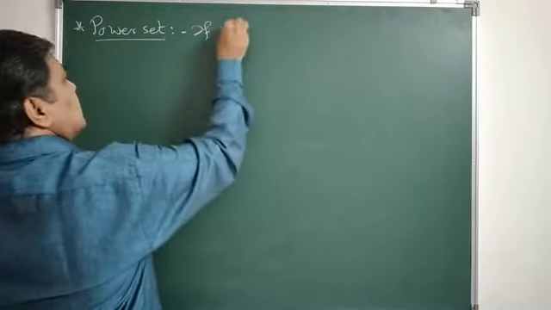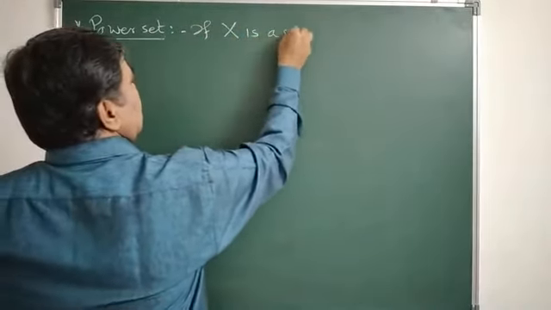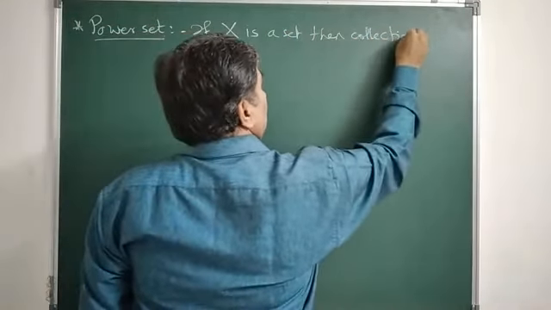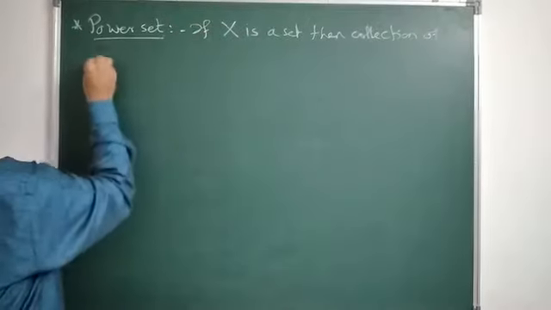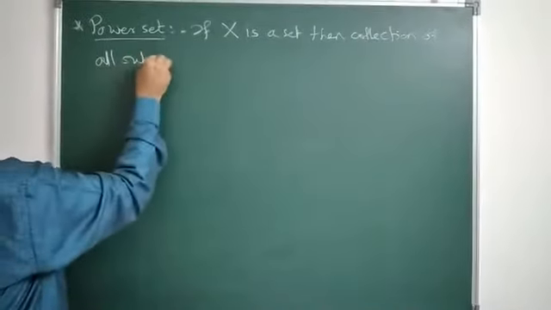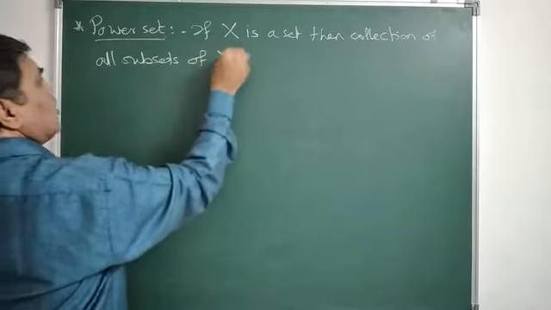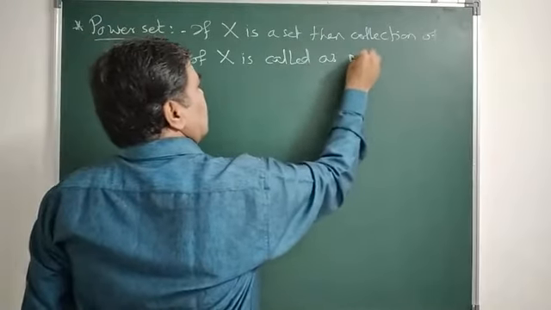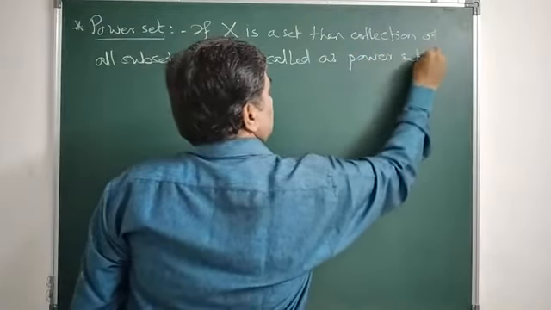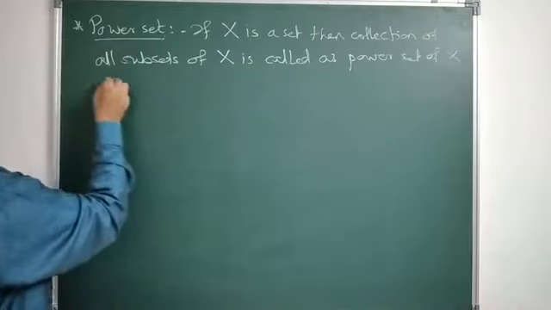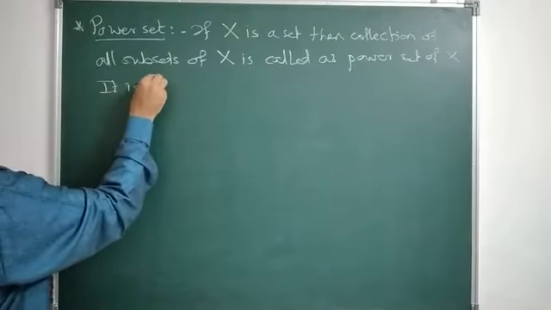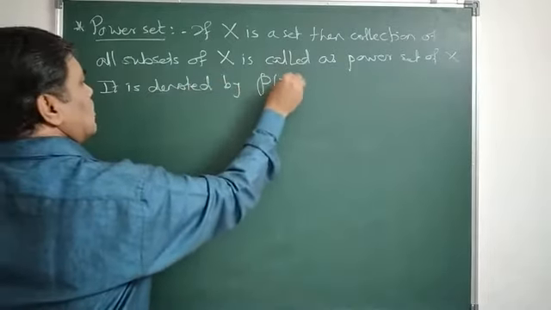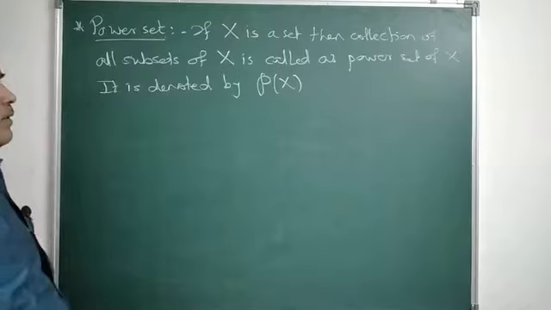If X is a set, then the collection of all subsets of X is called the power set of X. It is denoted by P(X).